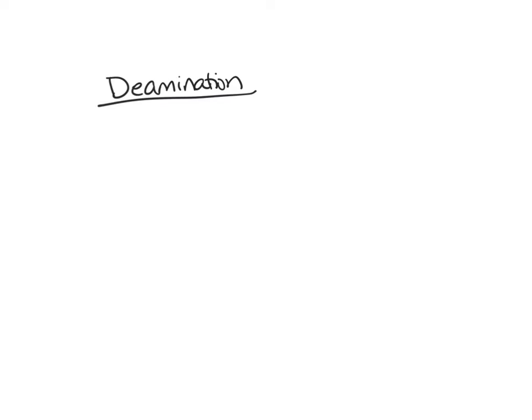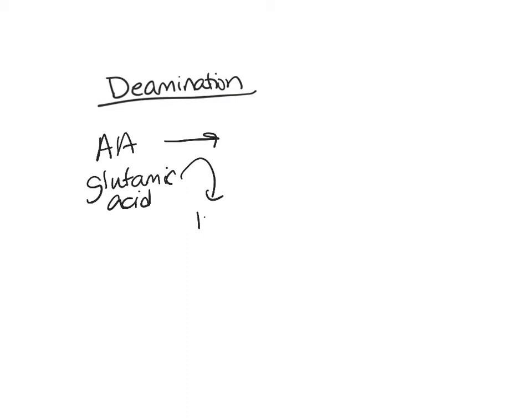So let's look at this. Say we have an amino acid, and we'll use glutamic acid again. This amino acid goes through the process of deamination, which means it loses an amino group, and then it becomes an organic acid.